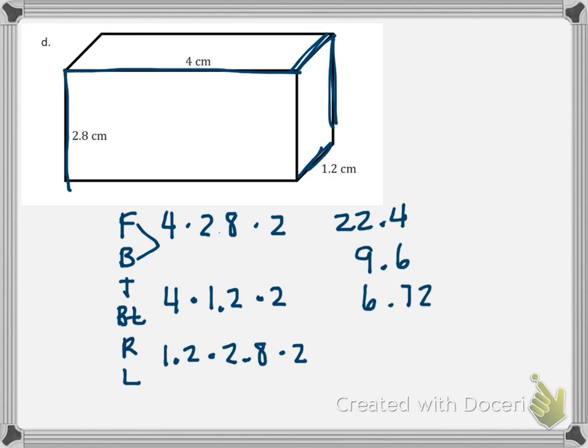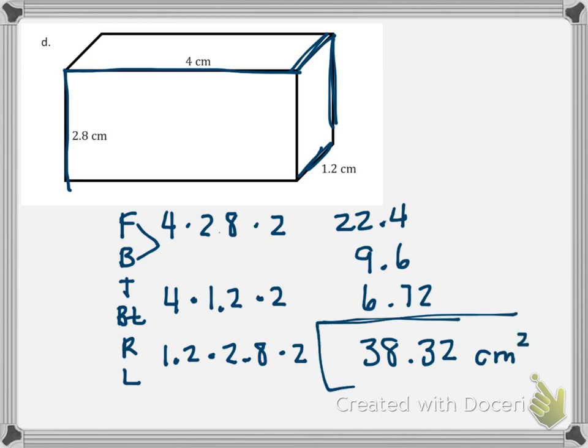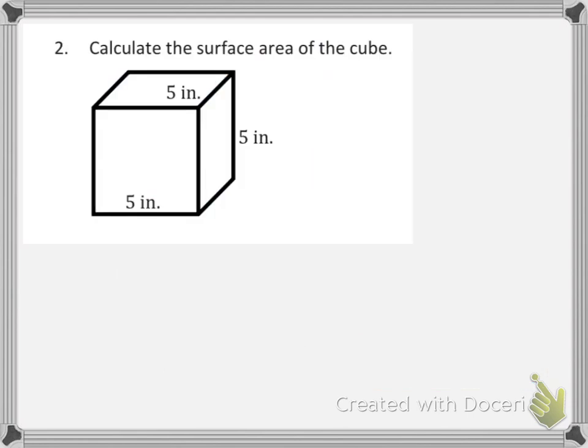And now we can add. 6.72 plus 9.6 plus 22.4 gives us 38.32 centimeters squared for our surface area. There we go.